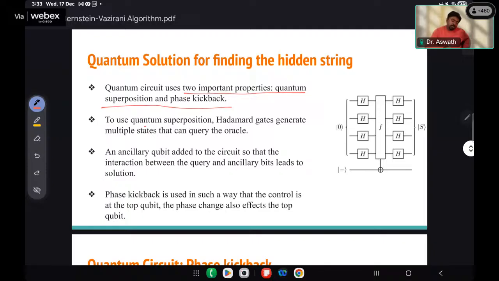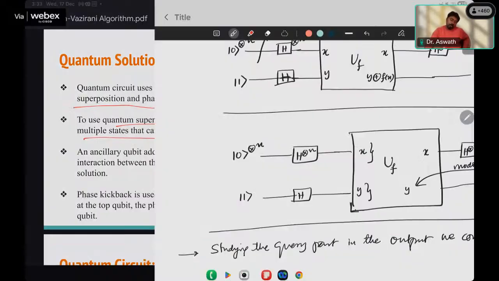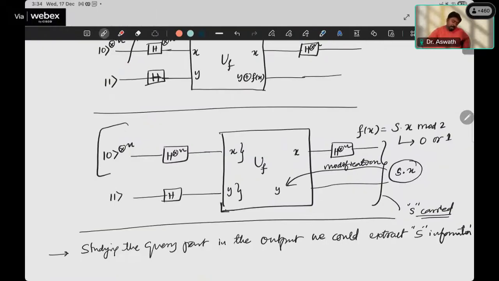It uses superposition and Hadamard gates to generate multiple states that can query the oracle, like we did. So this is a part of the query.